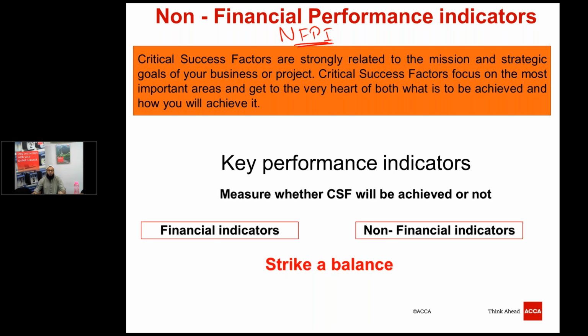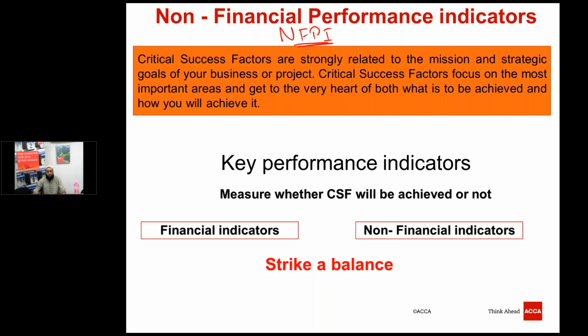If you want to check the performance of an organization, you cannot just rely on financials. For a balanced performance assessment, you should focus on NFPIs and FPIs. Lack of knowledge in this area creates a lot of problems when people go into paper P5.